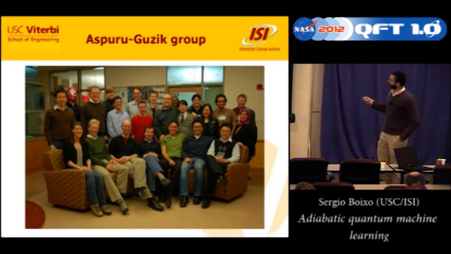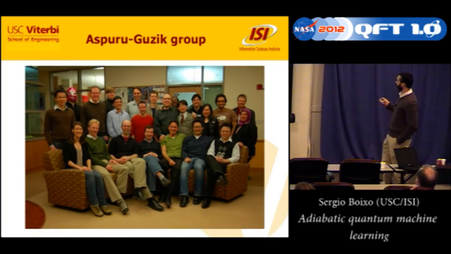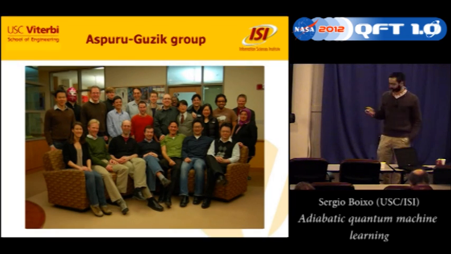And some of the people who have been involved in this particular project that we're trying to solve are Johannes and Roberto Olivares-Amaya. And Roberto Olivares is also working on this adiabatic quantum machine learning part, but it's actually a big project, so Sule works on that. And, well, probably more people in the picture.